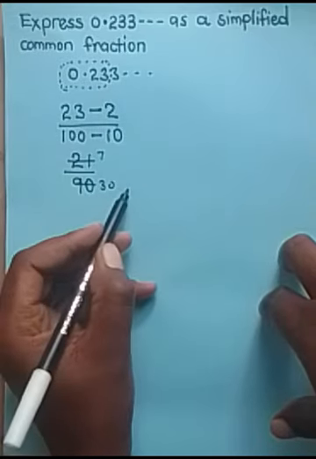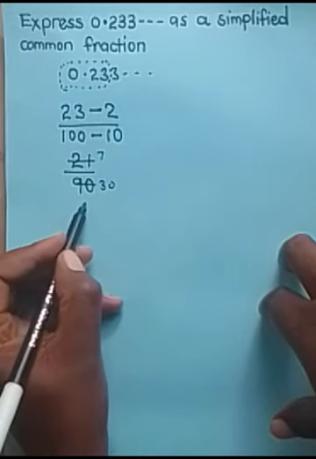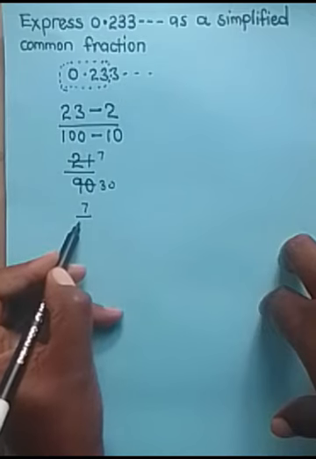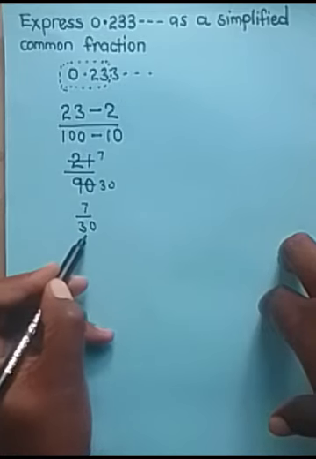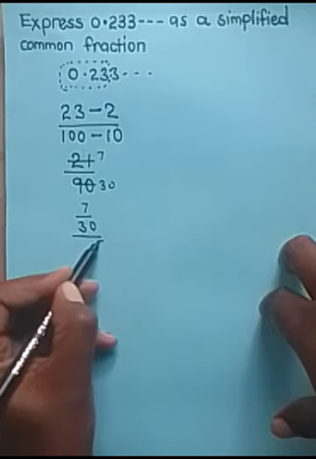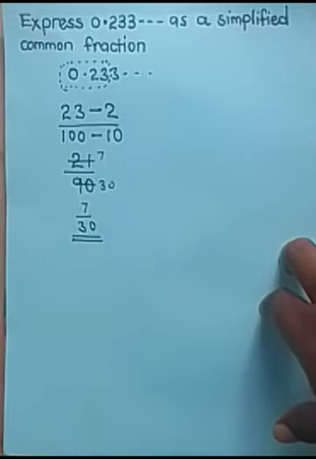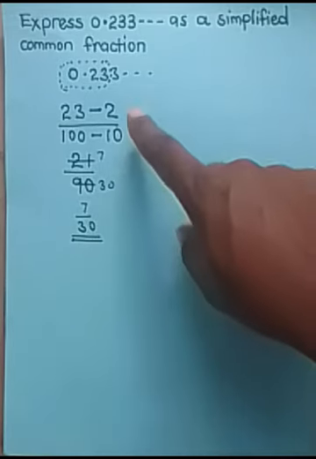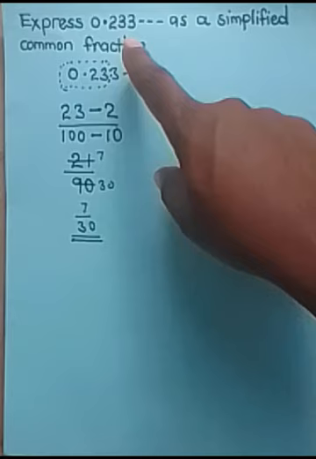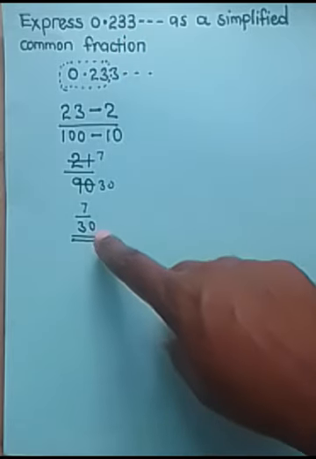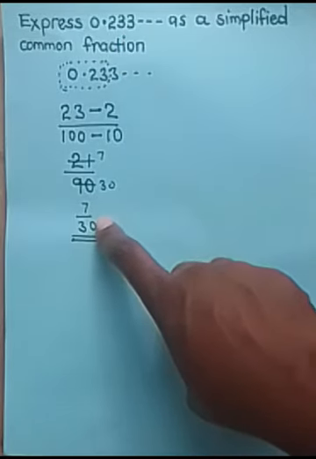So our answer is 7 out of 30. We cannot reduce anymore. So you will realize that this is 0.233 recurring in a common fraction form.